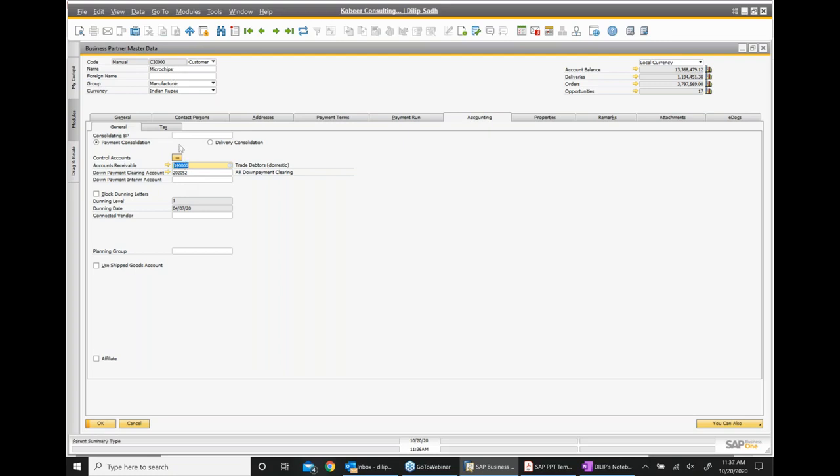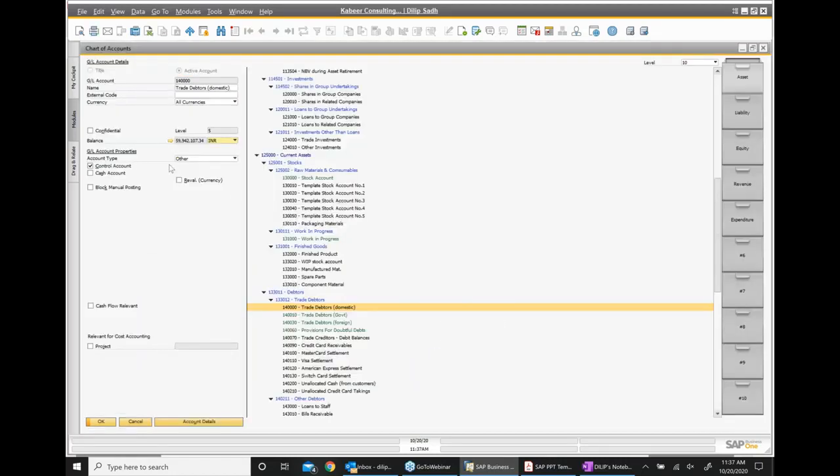This is a GL account. This is a subledger. This is a reconciliation account assigned to this customer. And if I go back here, this is my trade debtor. You can have a different reconciliation account. If you go back here, you see that there is a checkbox. This checkbox basically means this is a control account. You see the checkbox? This is a control account.